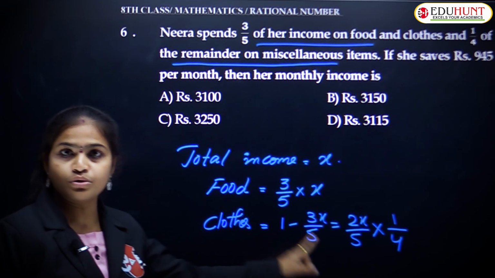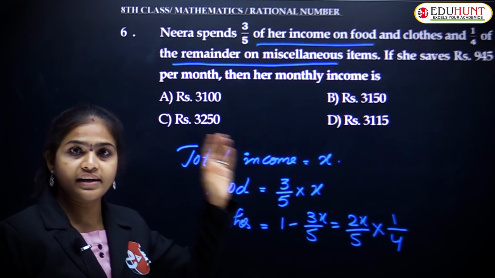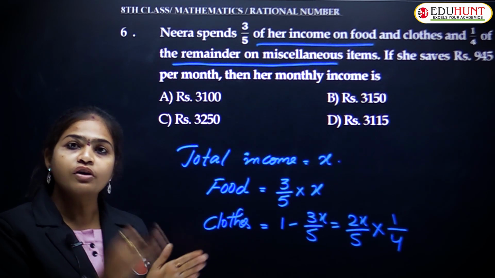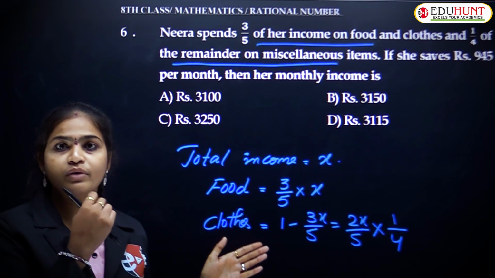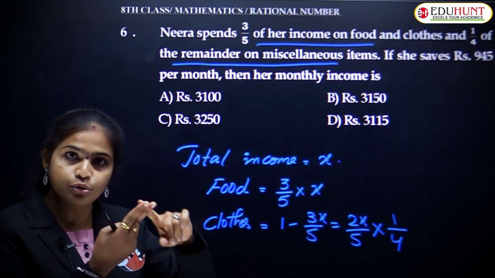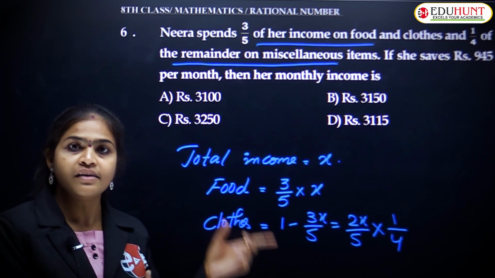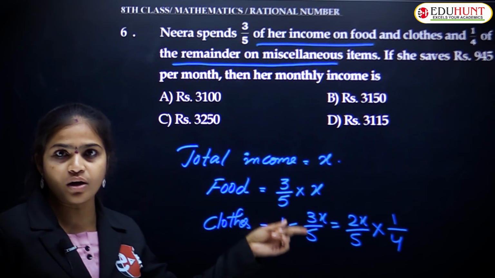Understand? So, here we should not take that x. Here we have to take the leftover money. Already 3 by 5th part of total money, out of 5 parts, 3 parts she already spent on food. So, the leftover 2 parts there, no? Out of 2 parts, 1 by 4th part she spends on clothes.